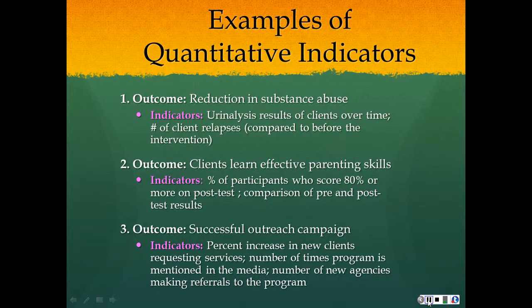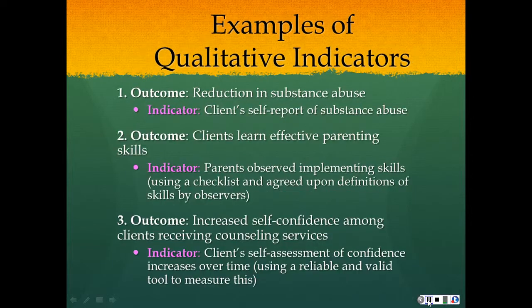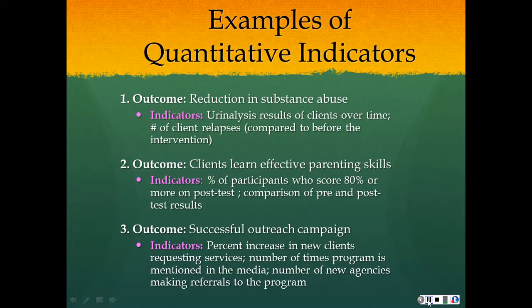These will tell you if clients have reduced substance use. Let's just take a look at what the qualitative indicator for that would be. The qualitative indicator for reduction in substance abuse might be clients' self-report of substance abuse. And so that may actually not be as reliable in this case as the numerical or quantitative indicator.